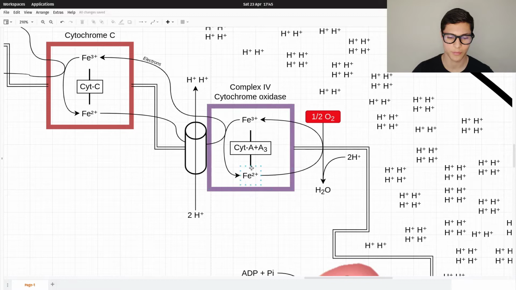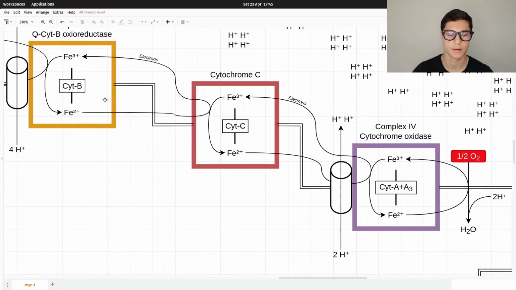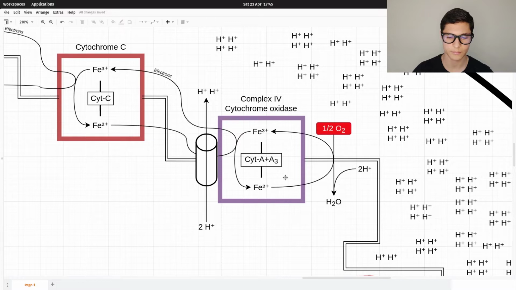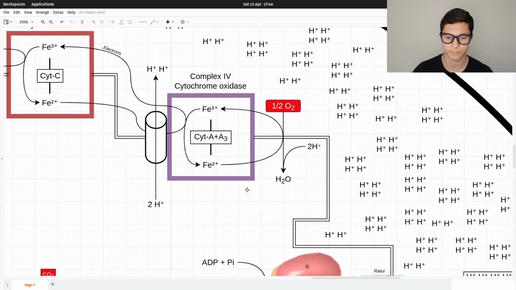This complex number 4 has the cytochrome A plus the A3. As you can see, there is cytochrome B, C, A and A3. So the exact same thing happens here. In complex number 4, we have another 2 protons going out.